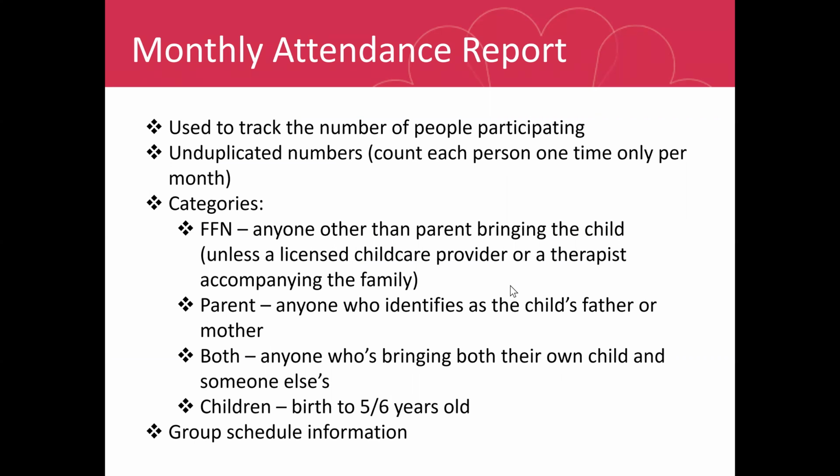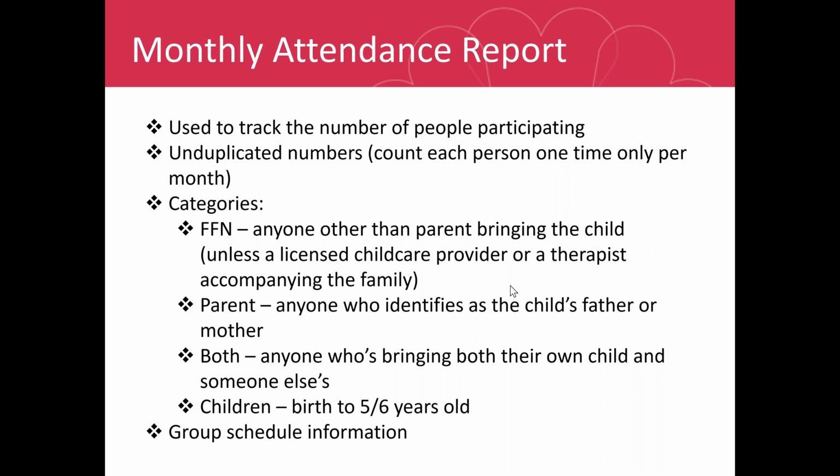The way we track them is we use unduplicated numbers, and that means that we count each person who attends the group once per month. So for example, if someone goes to your group every week for that entire month, you would only count them once for the monthly report.